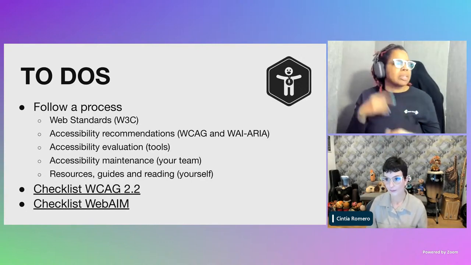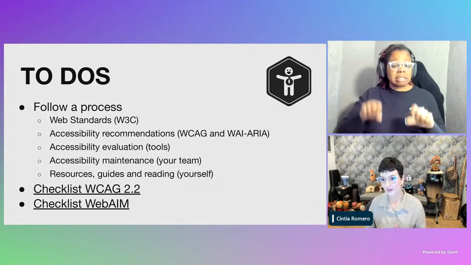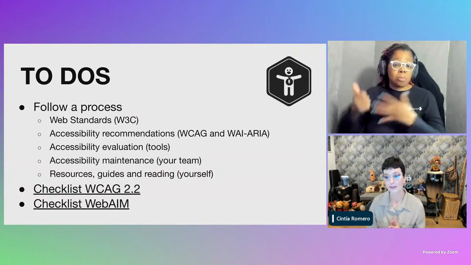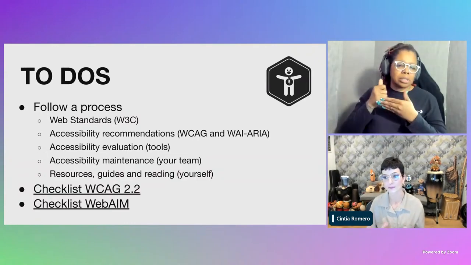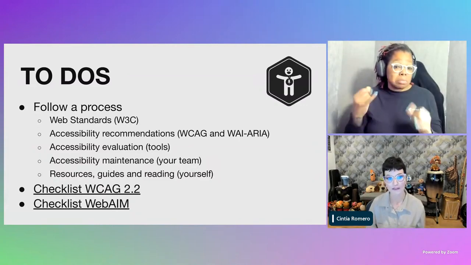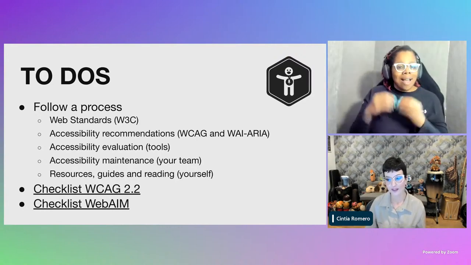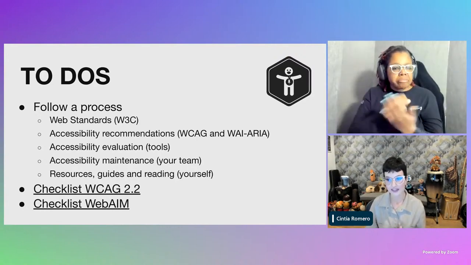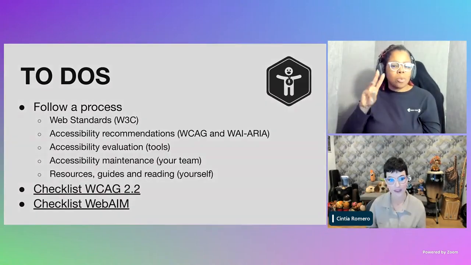Think about a team. In our case, the design system team is doing a lot to address accessibility, but right now we are hoping to hire somebody to help us as well to maintain accessibility at Pinterest. So maybe you can do something similar. Think about resources, educate yourself. Take a look at the WCAG checklist and the accessibility checklist from WebAIM as well.